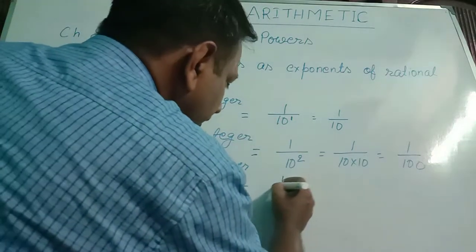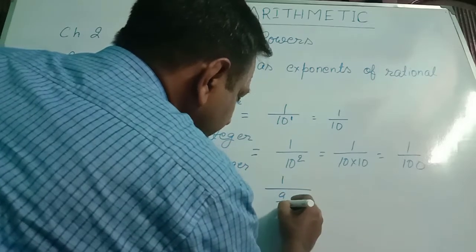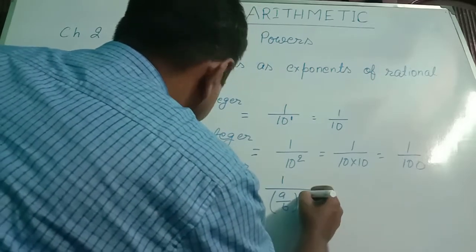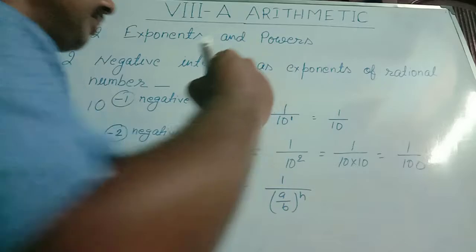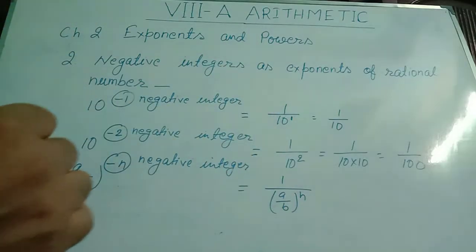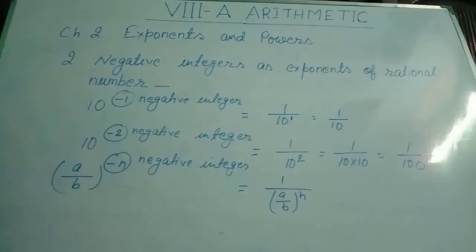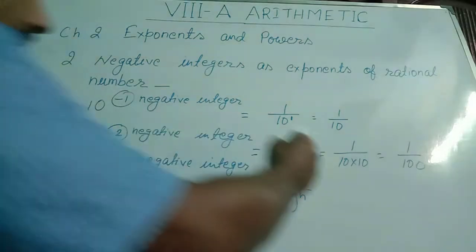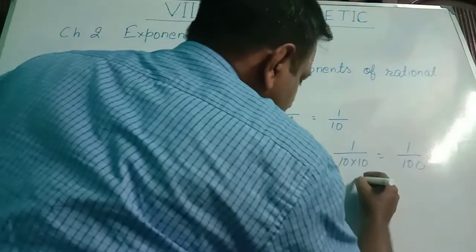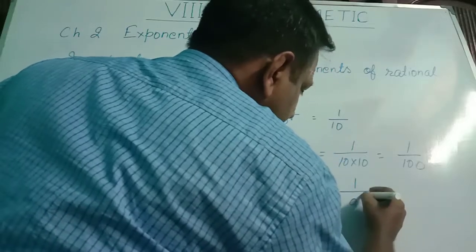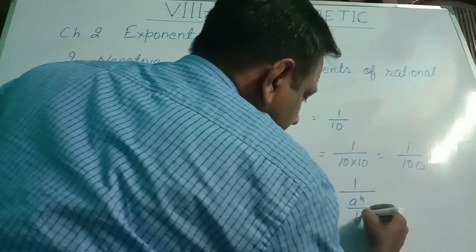That will be 1 by (a by b) to the power n. If you calculate it, what are you getting? a to the power n by b to the power n.